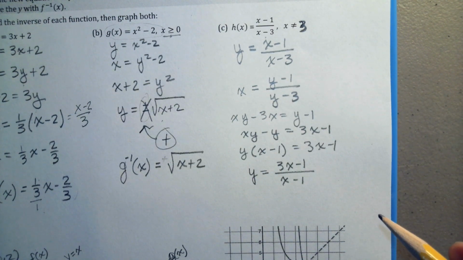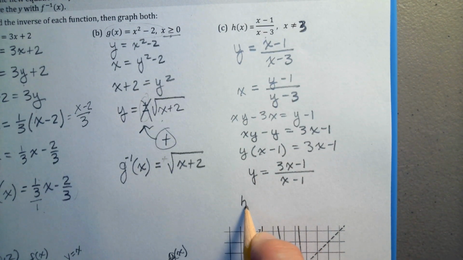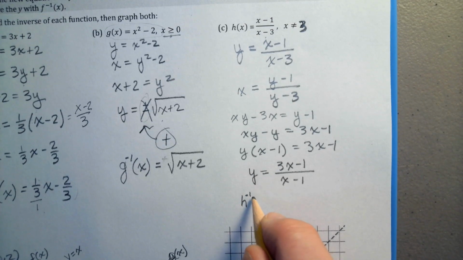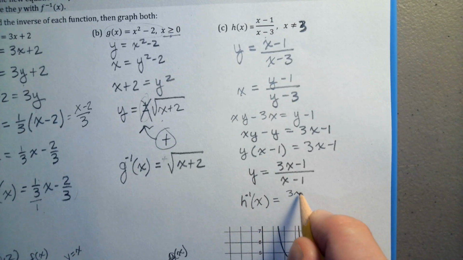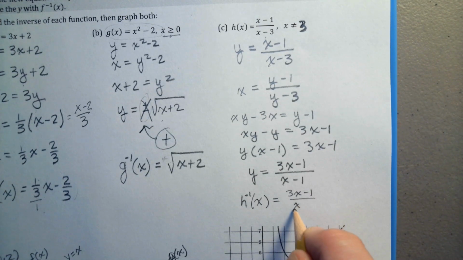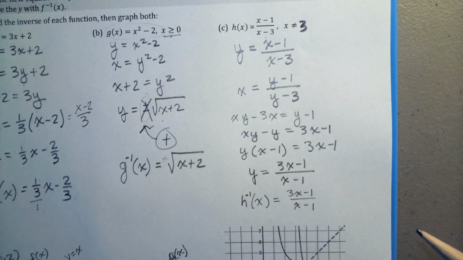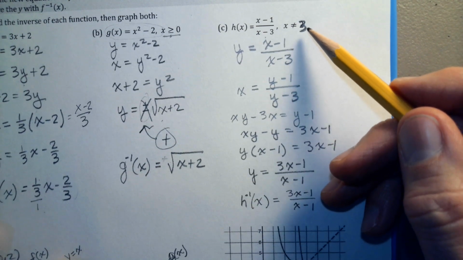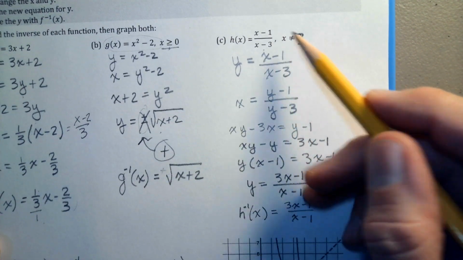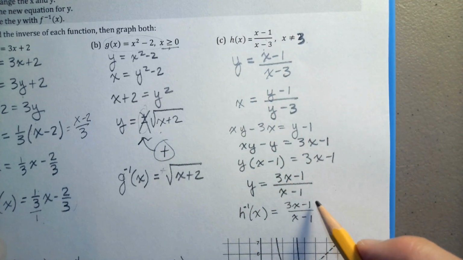All right. So, and then finally, let's write it in the correct notation. The inverse of h of x equals 3x minus 1 over x minus 1. Now notice the x was restricted here. That means the y is also going to be restricted, right?